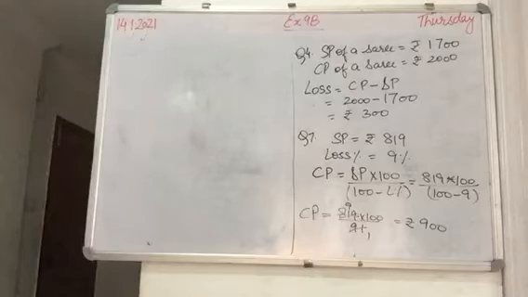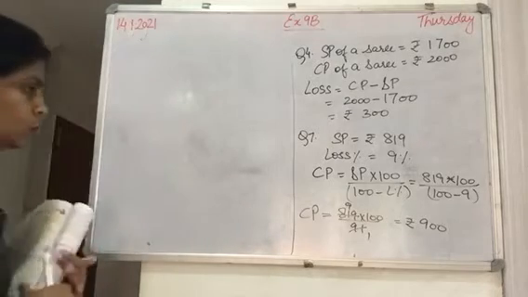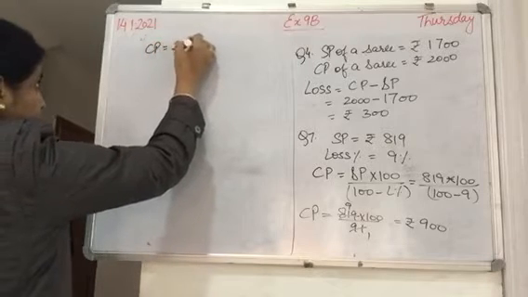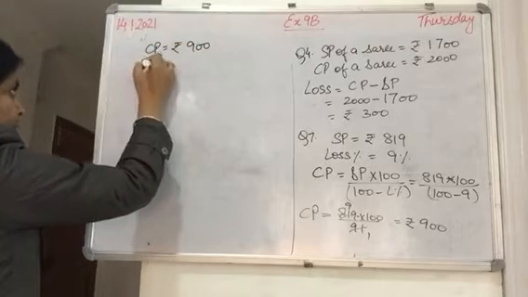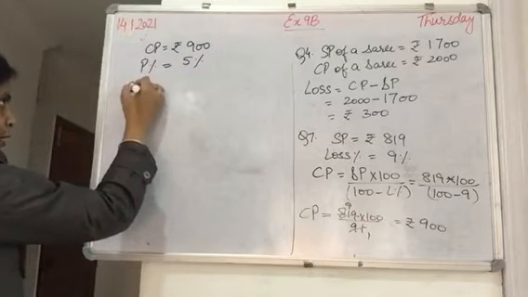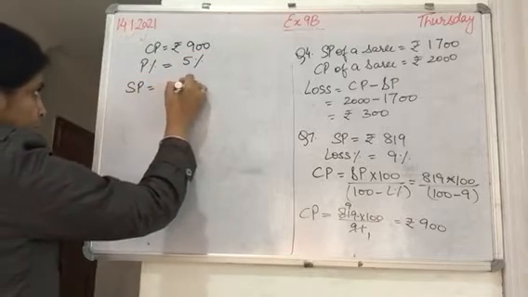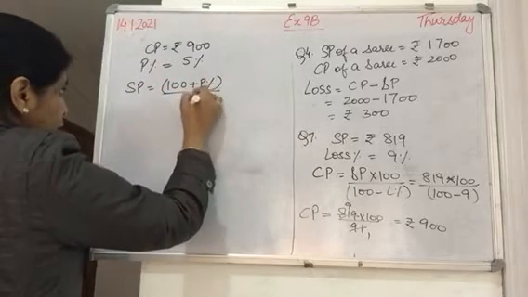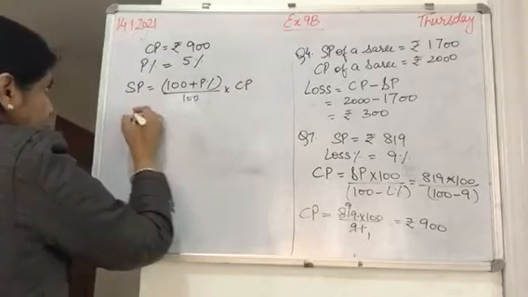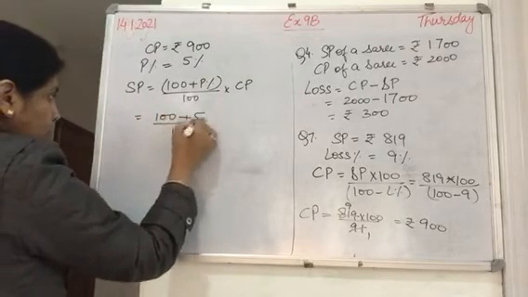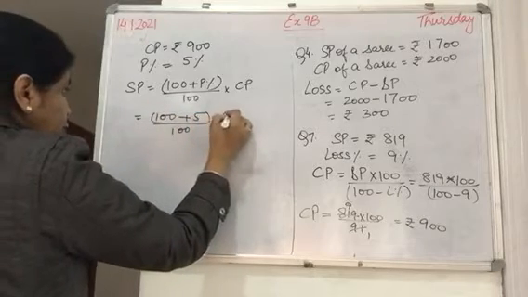Now, cost price is rupees 900, profit percent is 5%. Now selling price is 100 plus profit percent upon 100 into CP. 100 plus 5 upon 100 into 900.